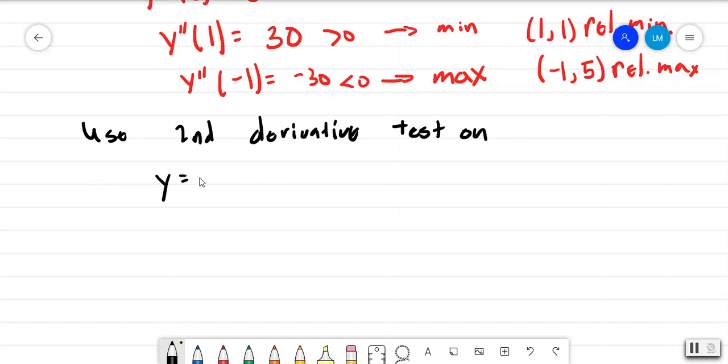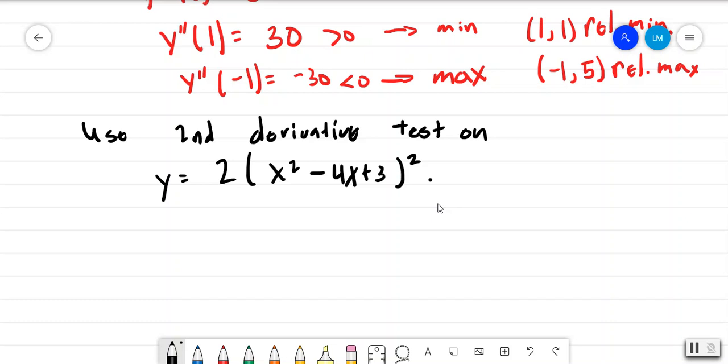on y equals 2 times (x squared minus 4x plus 3) squared. Now, in this case, this equation is not really tough, but you have to use chain rule and possibly a little bit of algebra.